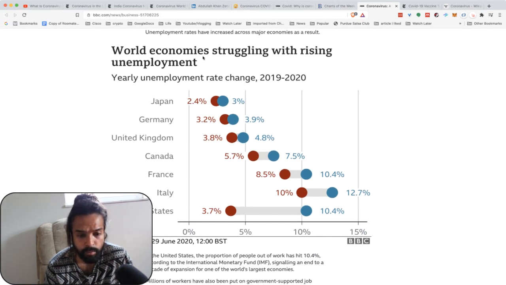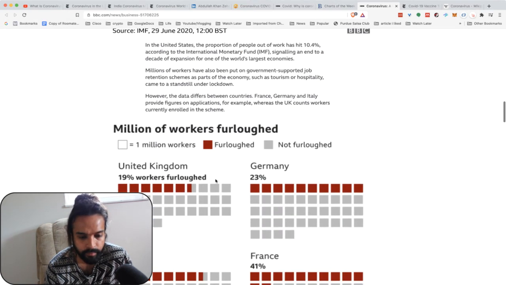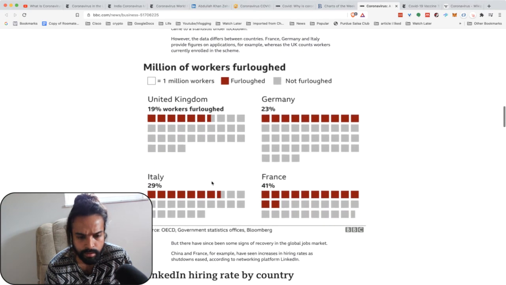So the world economy is struggling with rising unemployment, and you can see the United States going from 3.7% to 10.4%. Italy has taken a great hit. France also has suffered a lot. Canada, United Kingdom, Japan. These are the world's biggest economies.